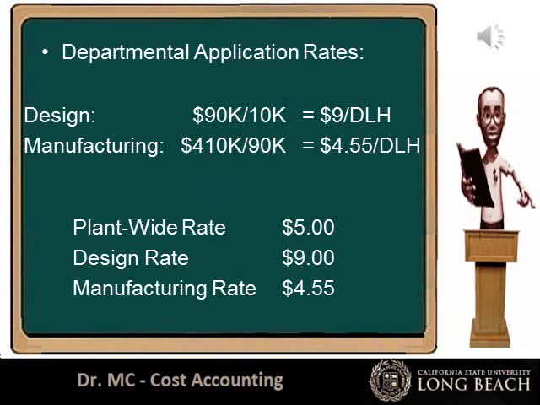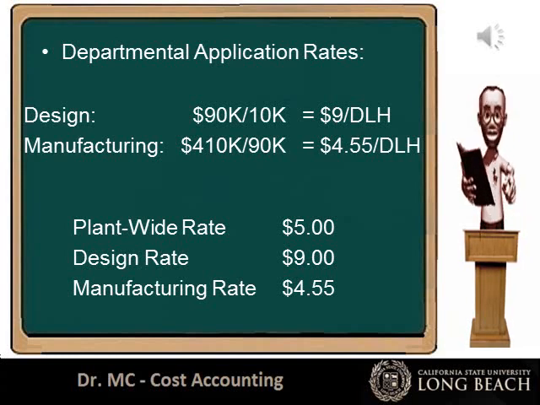Once the firm saw the different departmental overhead application rates, it realized that using a plant-wide rate was allocating overhead to its products inaccurately. Unique trophies were charged $5 per direct labor hour for overhead that was costing the firm $9 per direct labor hour to provide.